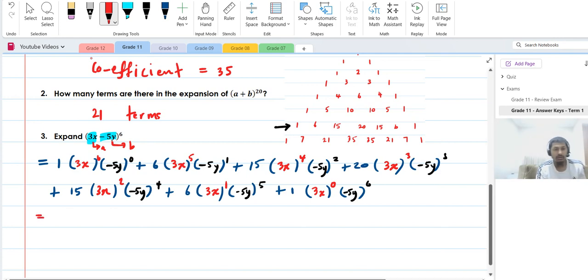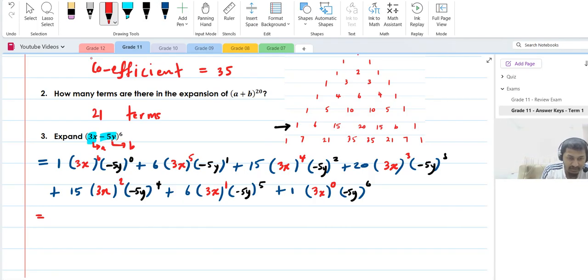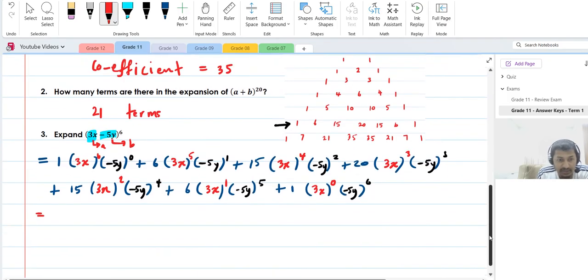So 3 to the power 6, remember minus 5y to the power 0 is just 1. Anything to the power 0 is 1 in this binomial expansion.